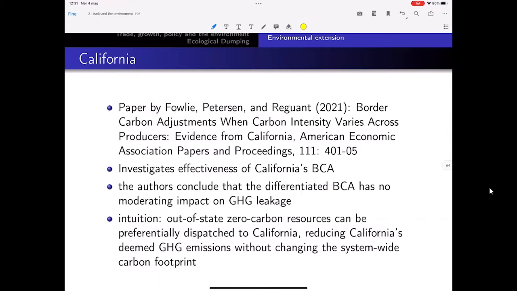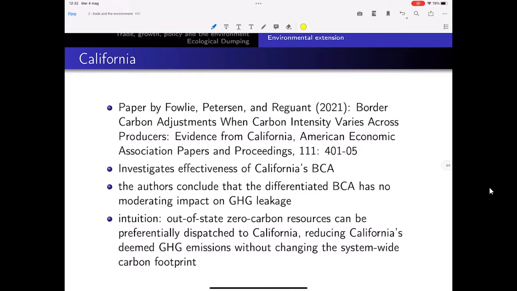Okay, so the aim of the paper, as I mentioned, is to investigate the effectiveness of the border carbon adjustment mechanism. I hope it is clear what the system tries to do. The result is obtained through simulations.